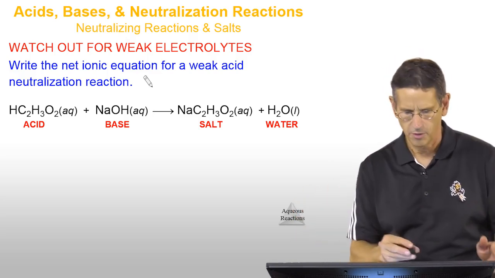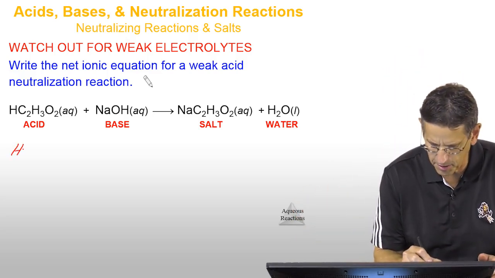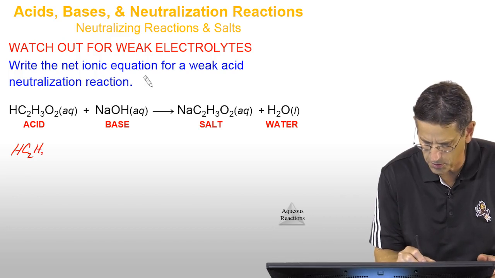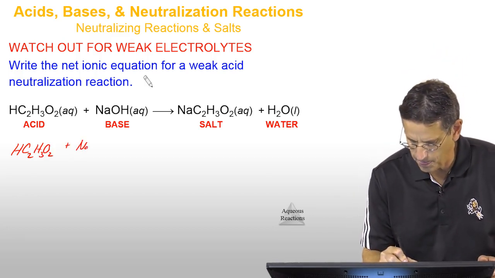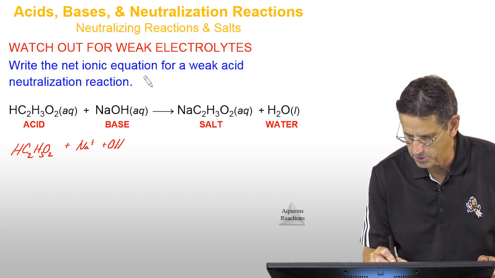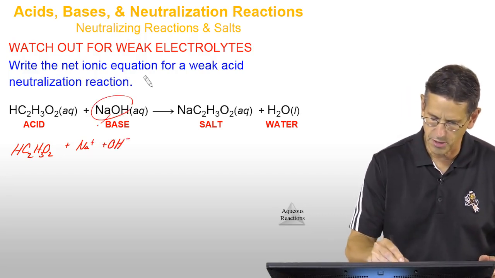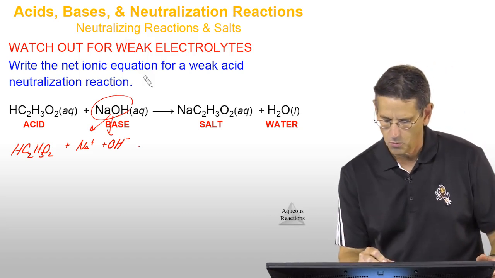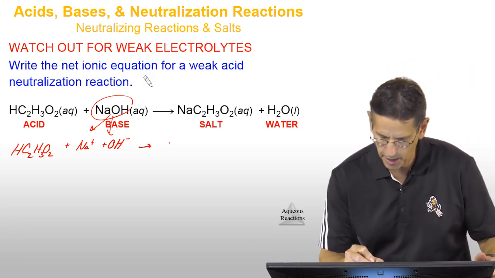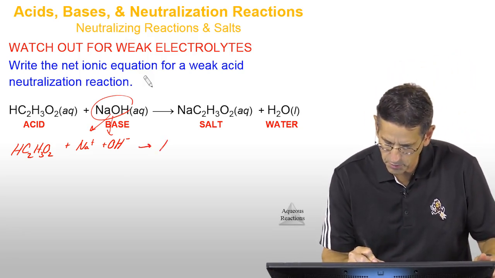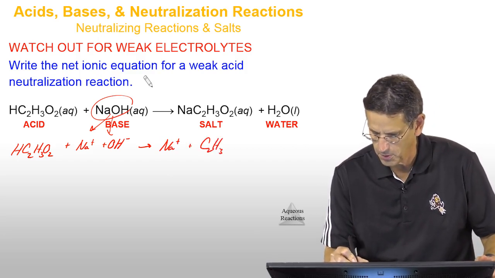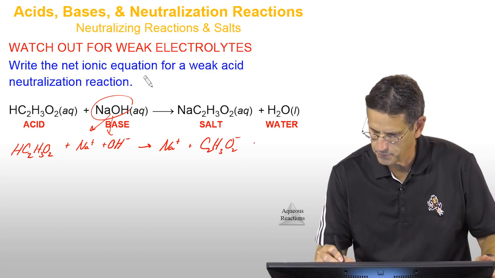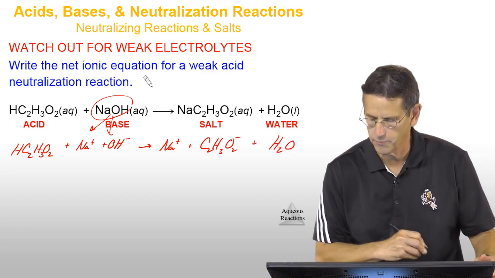We keep them together. Hence, our complete ionic is going to have this as a reactant. And the sodium hydroxide comes from the base. What's on the product side? We're going to break this down into cation and anion plus water.